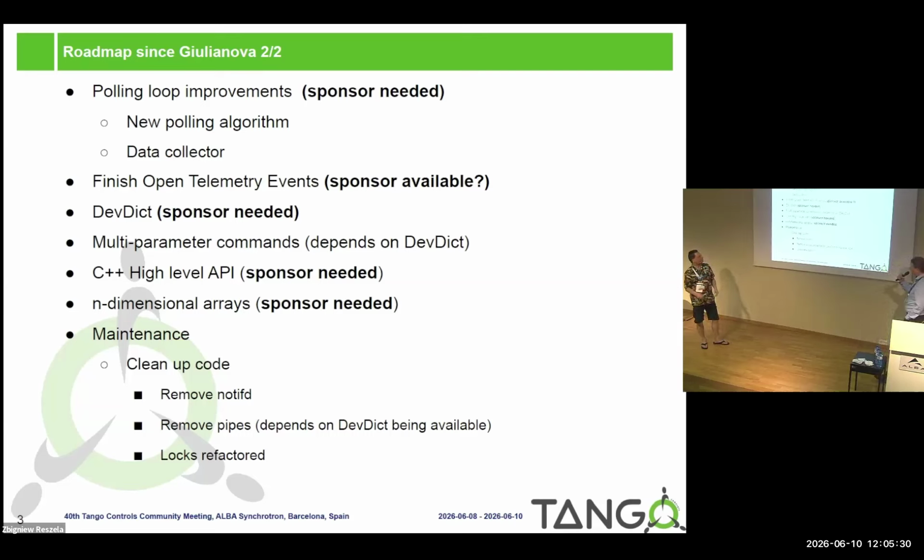The data collector is a whole new idea of how you would write your device servers. Of course, the old thing will still work. But the idea that the client reaches to the hardware and gets something back would be only one of the options you have. So it's a paradigm shift, essentially, from the device providing the data.